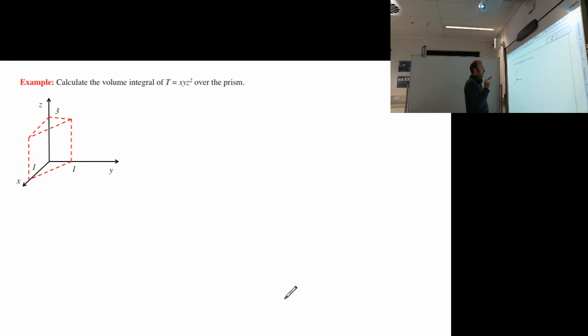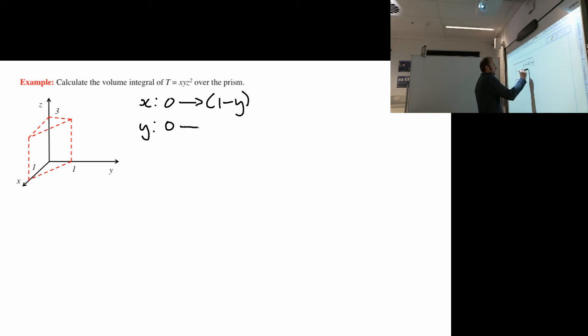And when y is equal to 1, x is going to be equal to 0. So what we know is that x goes from 0 to 1 minus y. y goes from 0 to 1. And for z, it goes from 0 to 3.